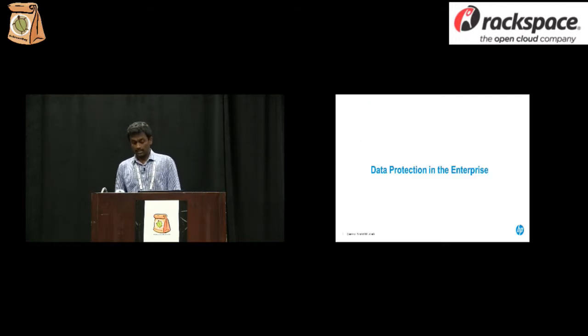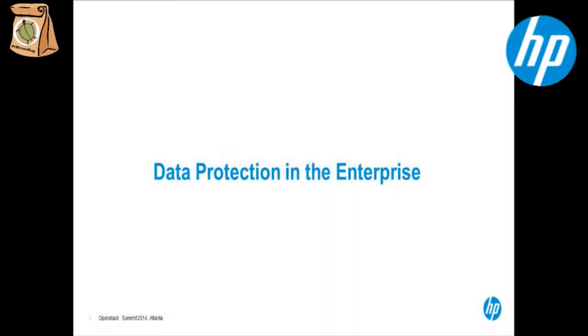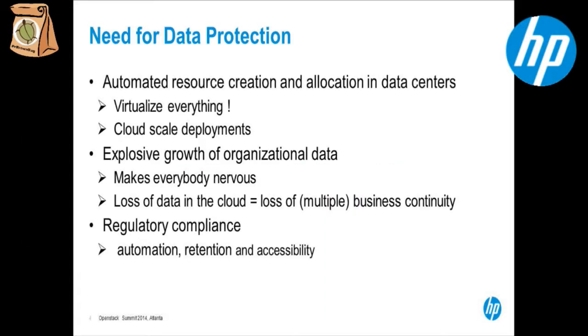So let's first talk about how data protection works in today's enterprise. First of all, why do we need data protection? Today we live in a world where we virtualize everything. And when we talk about clouds, be it private or public, the scale at which these clouds operate is really enormous. We're talking about thousands of physical machines and tens of thousands of virtual machines that run on them.